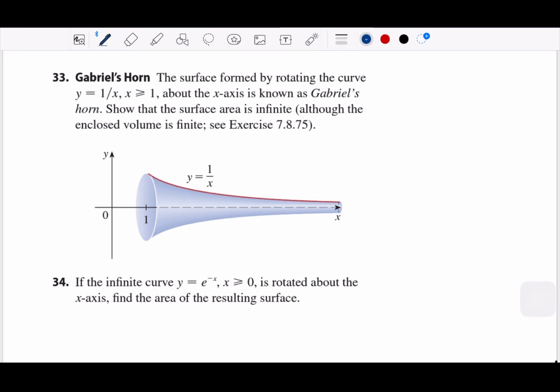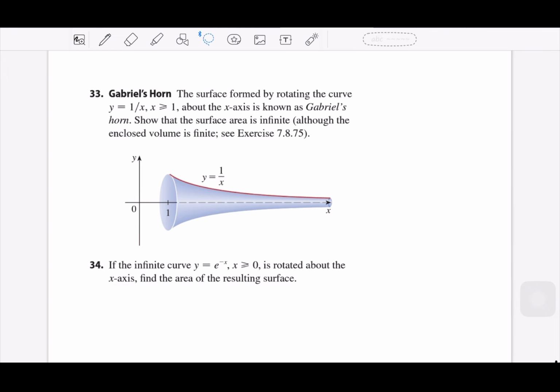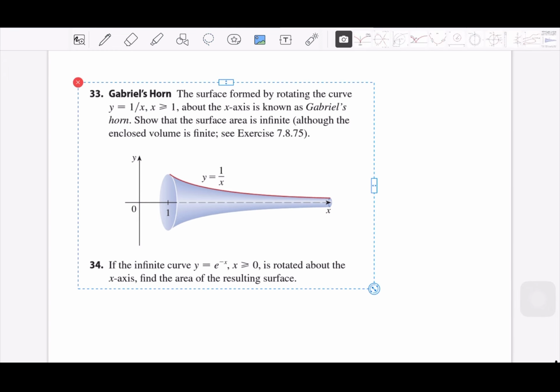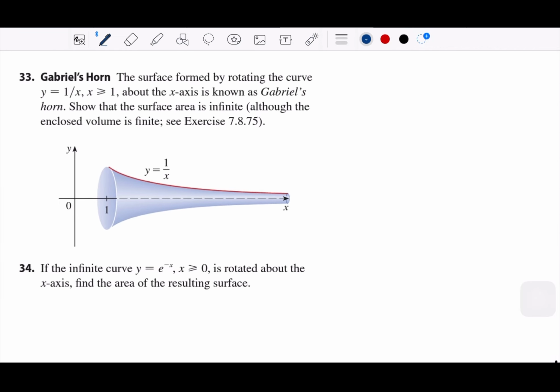So we can start with, let me put here, let me make it a little bit small. If you remember, S is equal to 2 pi outside of the integration, from 1 to infinity, and then the radius is y, and then ds, right?